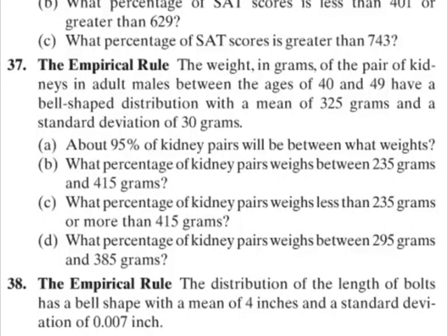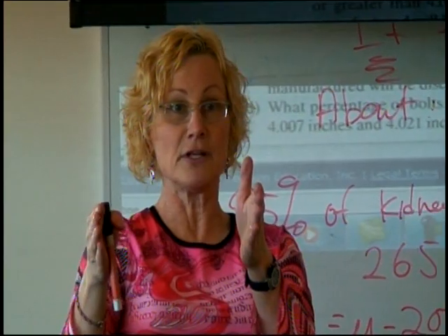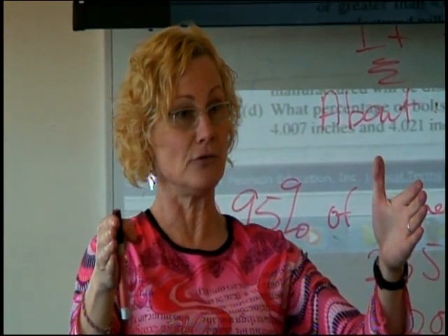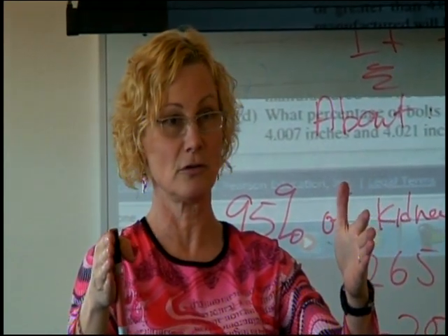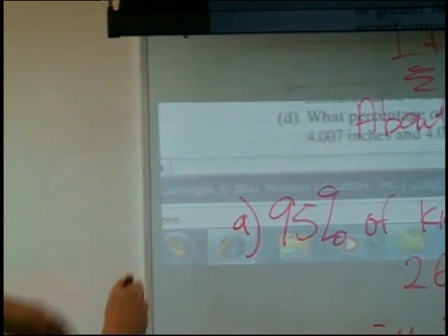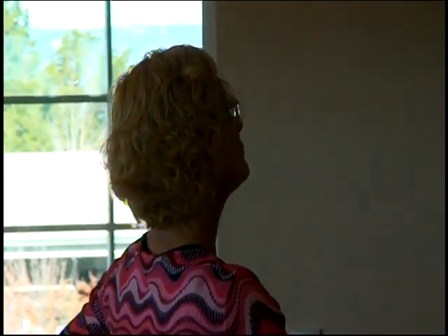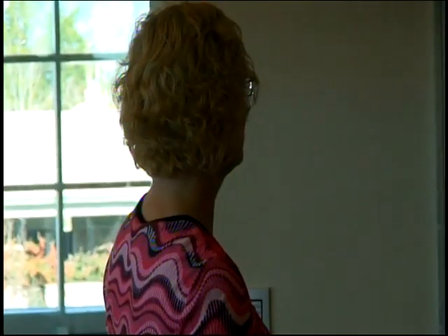Okay. How many do you add to get 385? Just 1? So you've taken the mean, subtracted 30, and added 30 just once to get those bounds. How much of the data is within 1 standard deviation? Wait a minute.